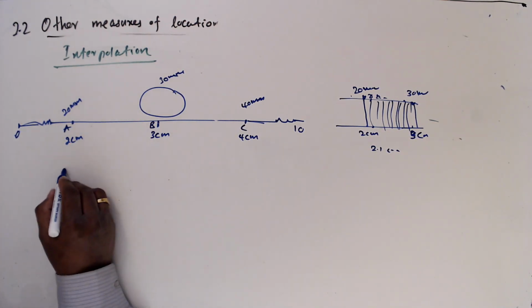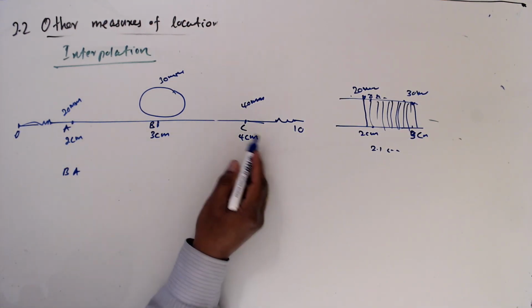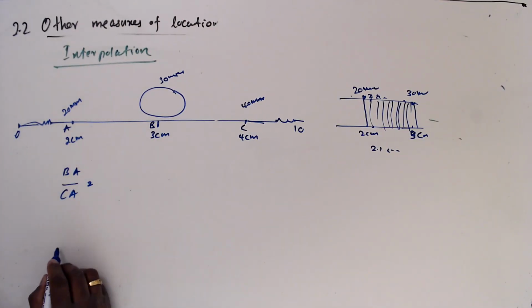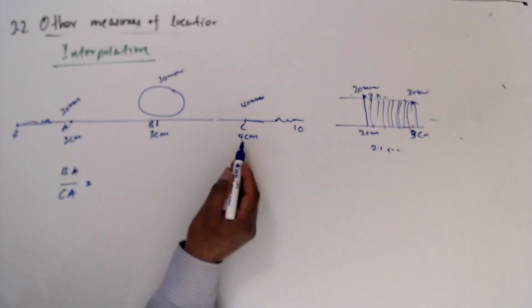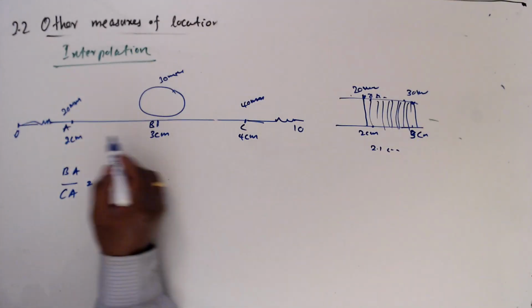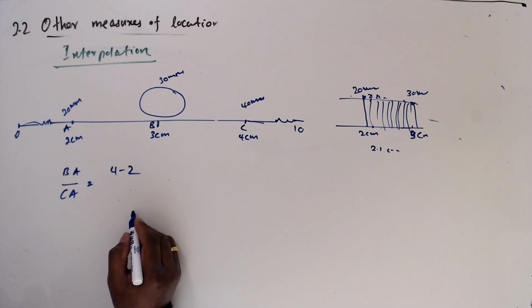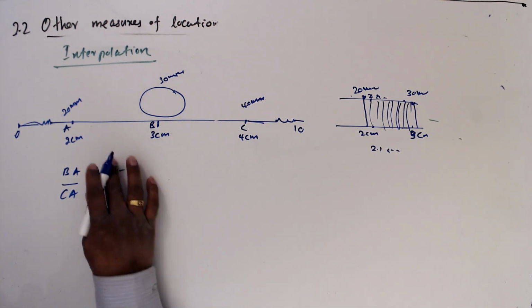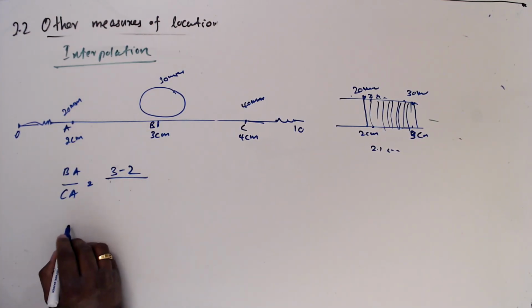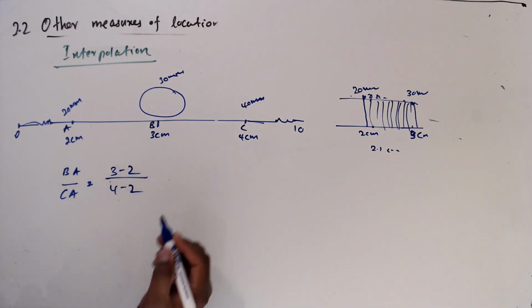I will find the BA length, BA divided by CA. What is BA? I'm working with centimeters. BA means 3 minus 2. And CA means 4 minus 2.